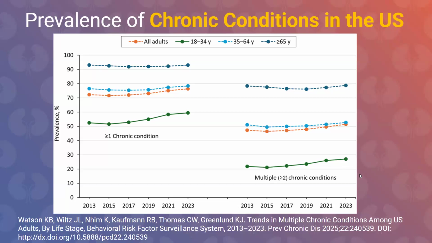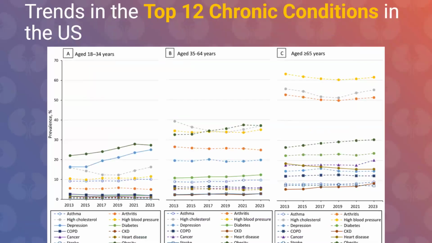But more than a quarter, nearly 30% of younger individuals now have, in 2023, the latest data available in the Behavioral Risk Factor Surveillance System, at least two chronic conditions or more. The next slide, Mike, then shows the split between various chronic conditions. Again, this is the Behavioral Risk Factor Surveillance System.